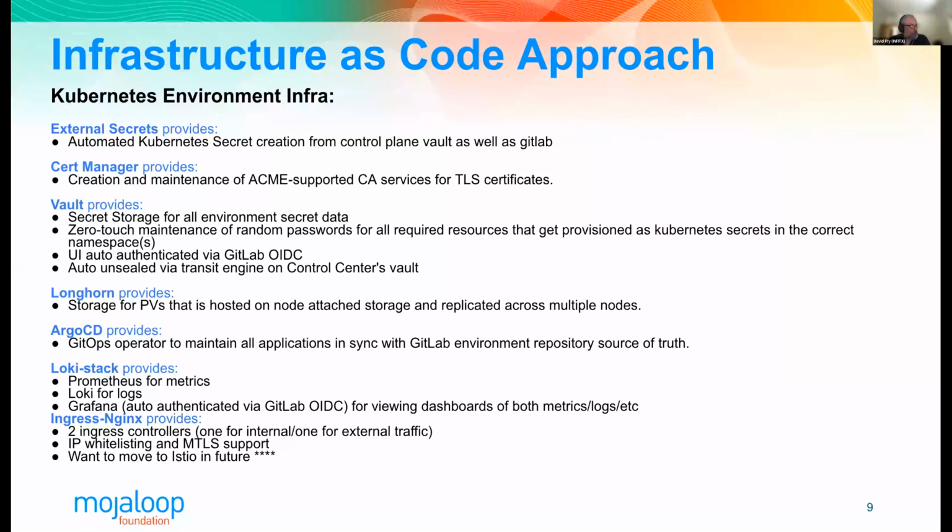And we set up two, one for internal and one for external traffic, to allow traffic to only be accessible over the WireGuard VPN. So if you wanted only to allow Vault and Grafana access over the WireGuard VPN, you can choose that. And the note on the bottom there, we want to move to Istio in the future.